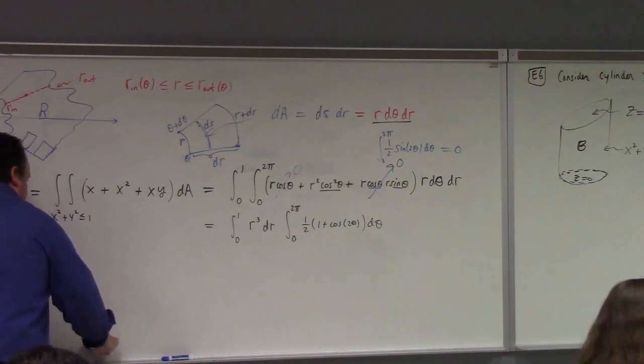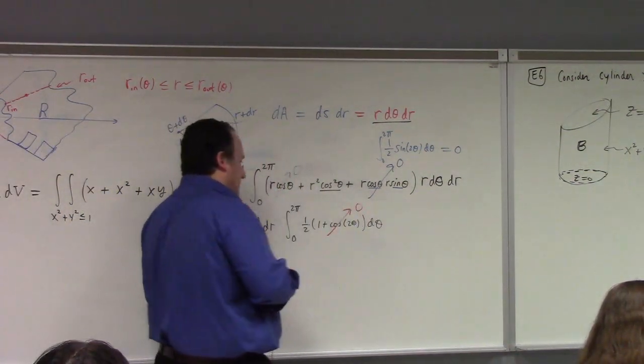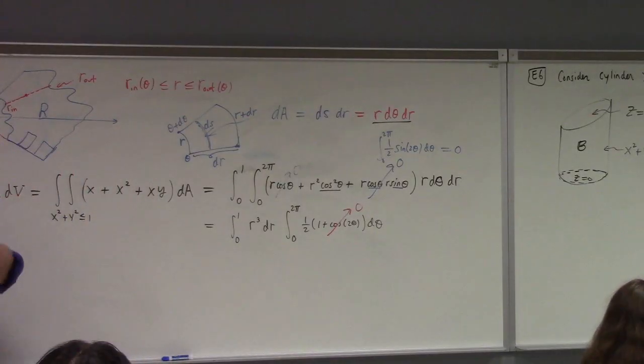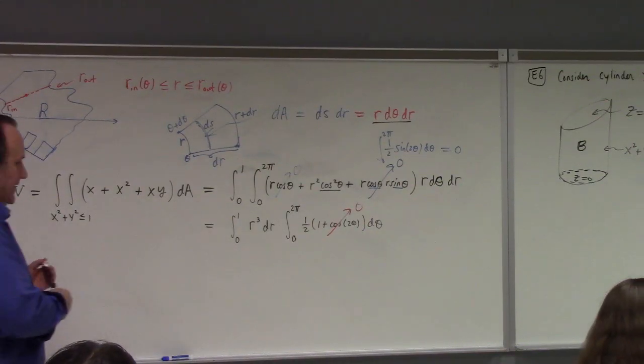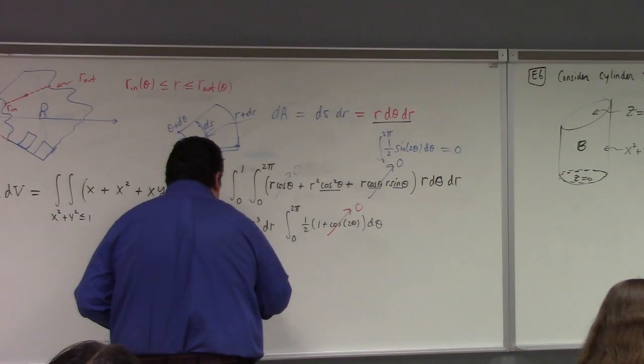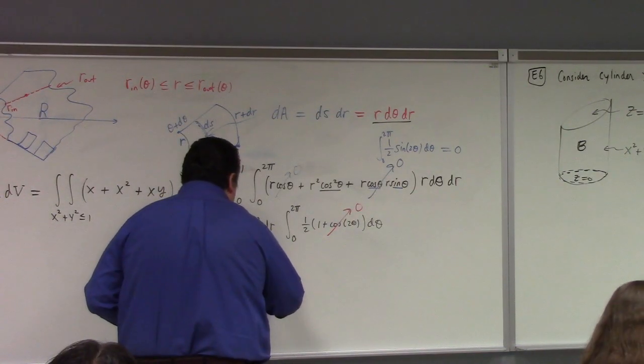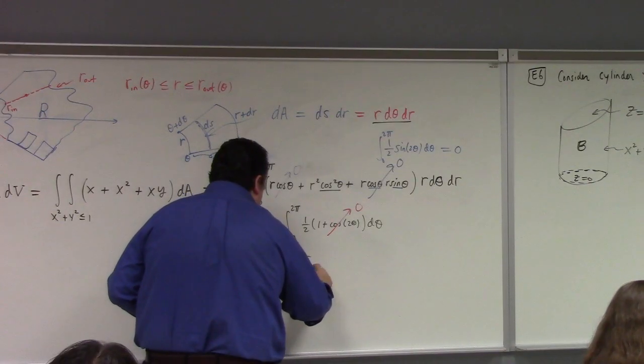But again, cosine of 2 theta integrates to 0 because we're integrating over a full period, actually 2 full periods of cosine 2 theta, because its period is pi. And so lo and behold, we get 1/4 from the r integral, and this integrates to 2 pi over 2. And lo and behold, the answer is pi over 4.